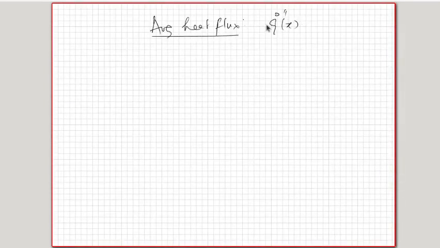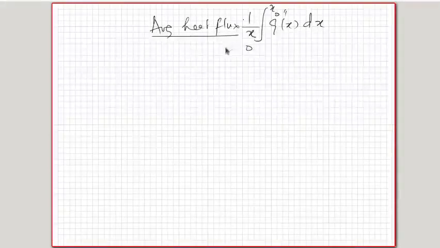So if you want to find out the average, then you need to integrate this into dA, which will be 1 into dx from 0 to x, and this is the total heat transfer. This divided by the area will be 1 over x, right? Because the area is x multiplied by 1.